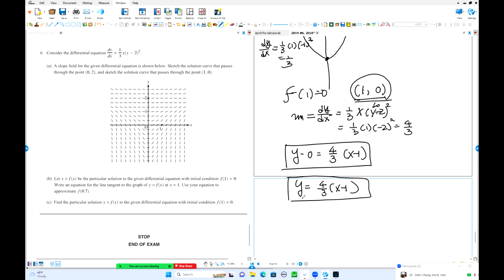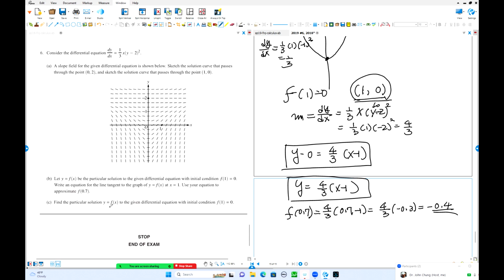So f of 0.7 is 0.7 minus 1, 4/3 times negative 0.3, isn't it? That is negative 0.4, okay? That's the approximation.